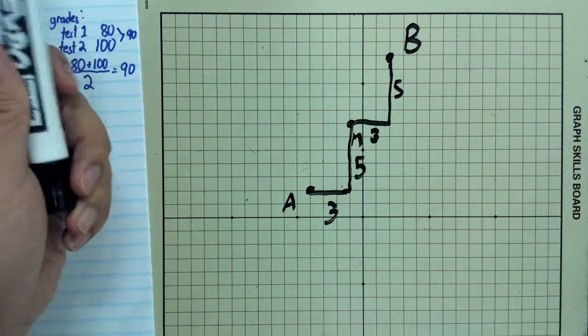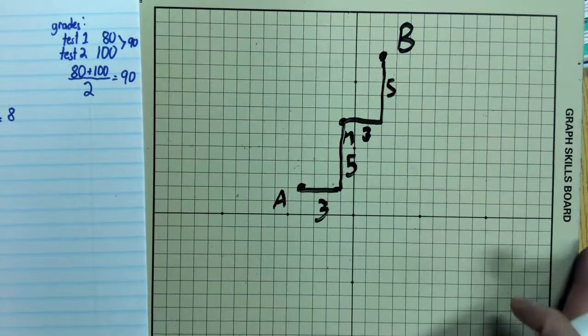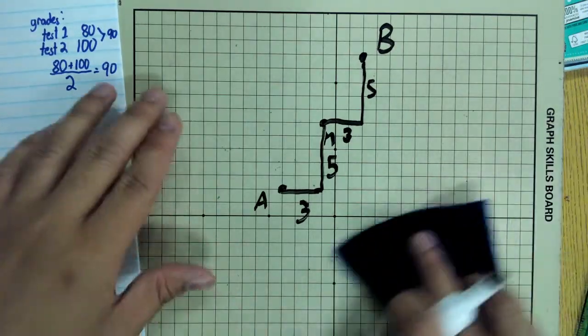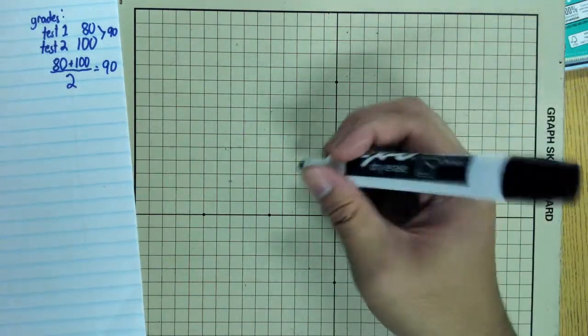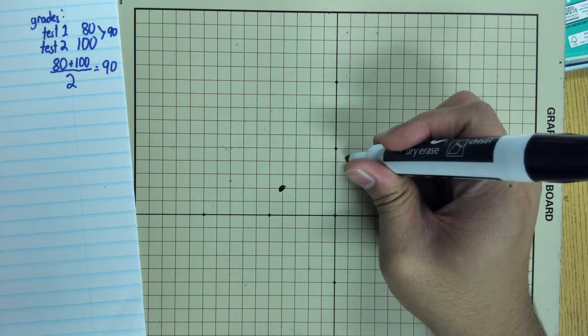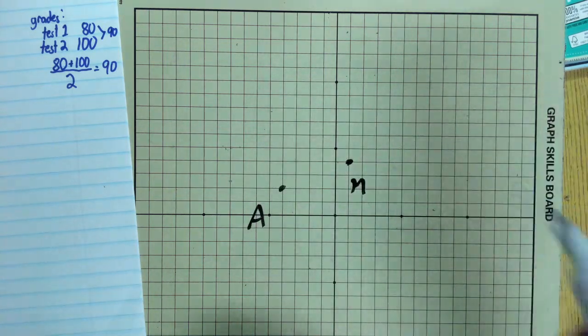Now let me talk about a table method. So again, let me erase this, and I'll just make up examples again. Say at this point and that point. Here's A, here's the middle.